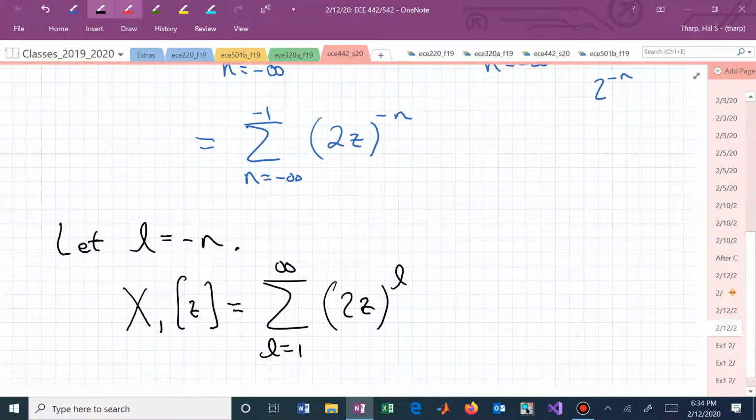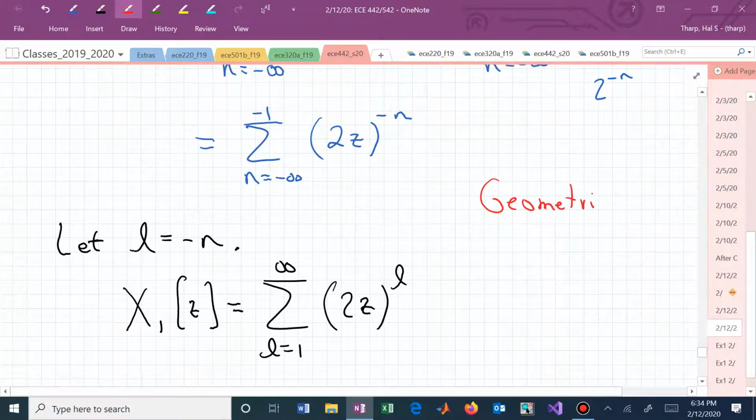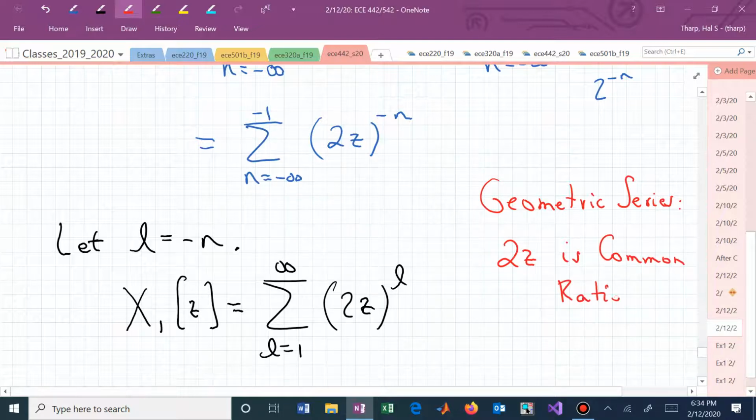What's our common ratio? This is a geometric series, isn't it? That changes in each of those terms in the series by this factor of 2z. We now have a geometric series where 2z is our common ratio.